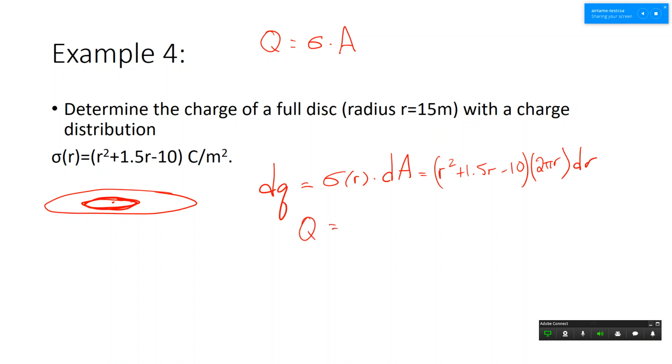The integral of dq is just going to be q, and the 2 pi ends up being a constant. Integral of r to the 3 plus 1.5 r squared minus 10r dr. And what are going to be the limits of my integral? Yeah, 0 to 15.